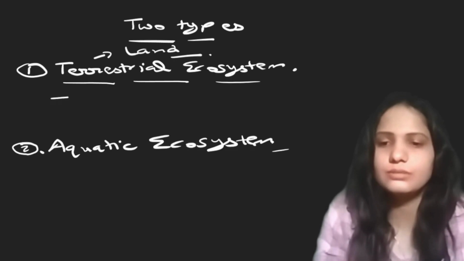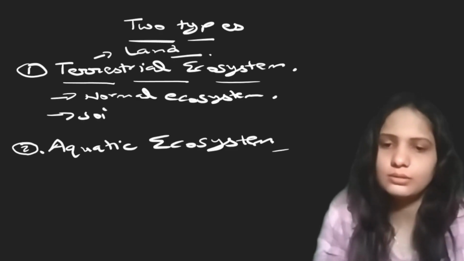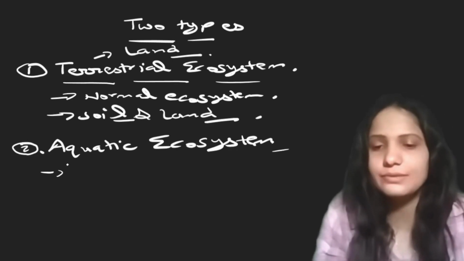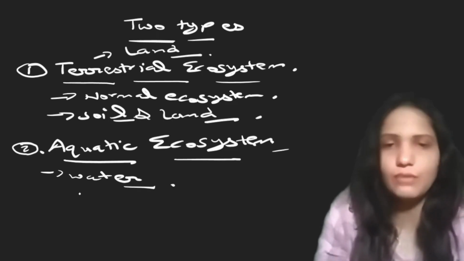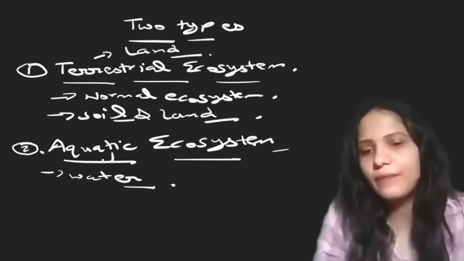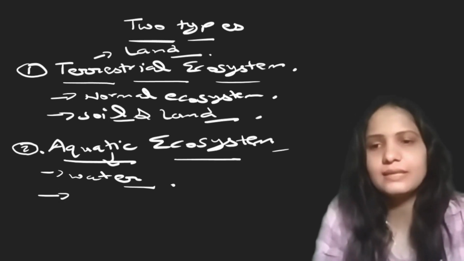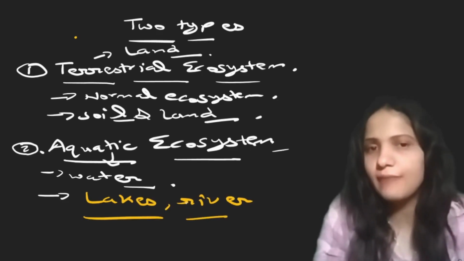Terrestrial ecosystem is the normal ecosystem which consists of soil and land. Aquatic ecosystem is the ecosystem which consists of water. The major portion of this ecosystem is water. Aquatic means water. If we see the example of aquatic ecosystem, what example can we have? Lakes, rivers. These are the examples of aquatic ecosystem.